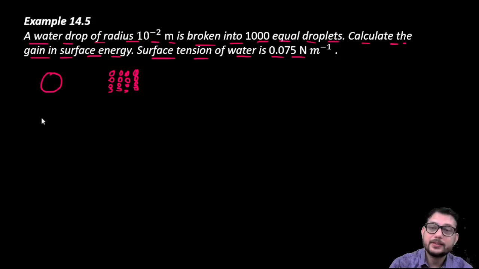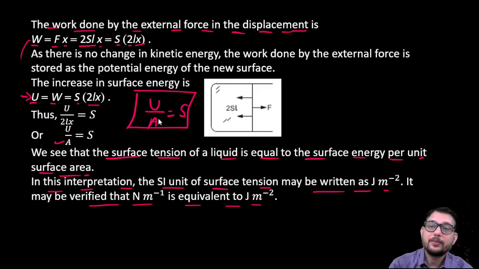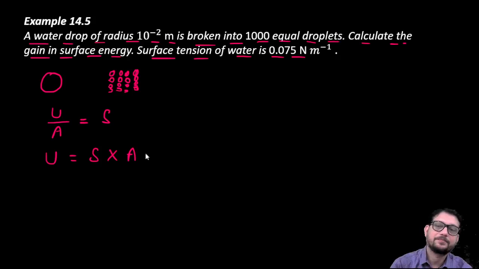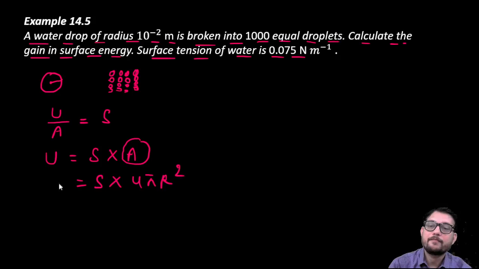And the formula, as you can see here, is U upon A equal to S. Or you can say U equals S into capital A, where S is the surface tension. Now if we talk about this area, as we know the drop is basically in the shape of a sphere, so the area can be taken as 4 pi r square.